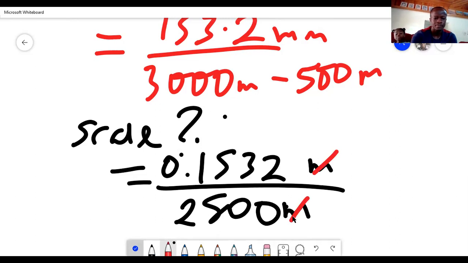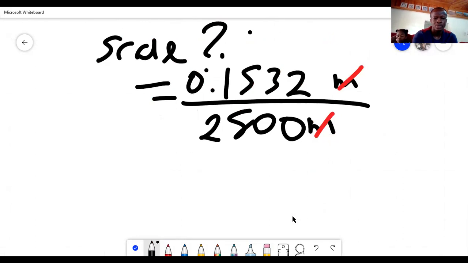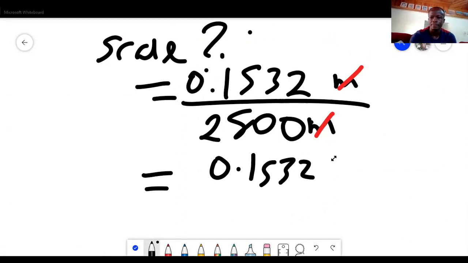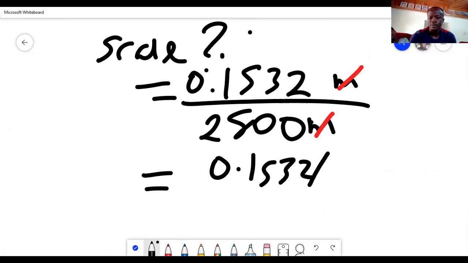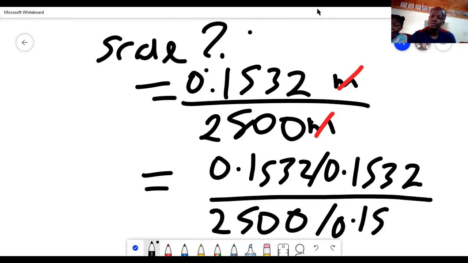Are you okay? And then we can now continue with our calculation, and we want to get 1 on top because for RF scale, the left hand side of the ratio should always have 1. So 0.1532 divided by 0.1532, all divided by 2,500 divided by 0.1532.